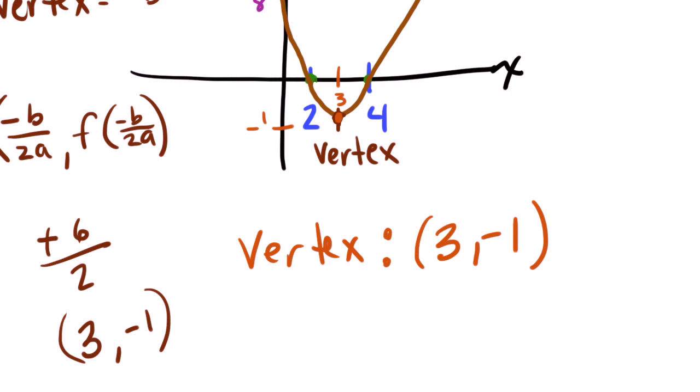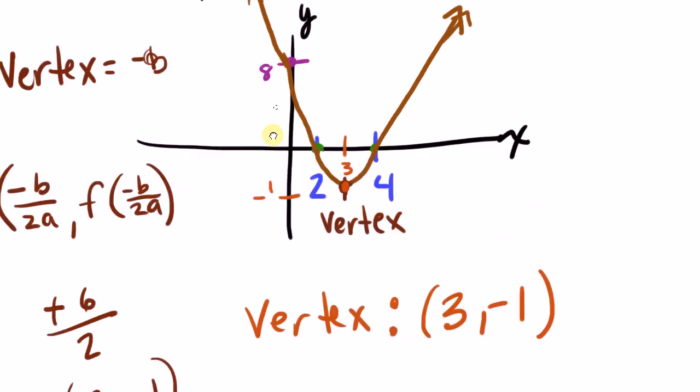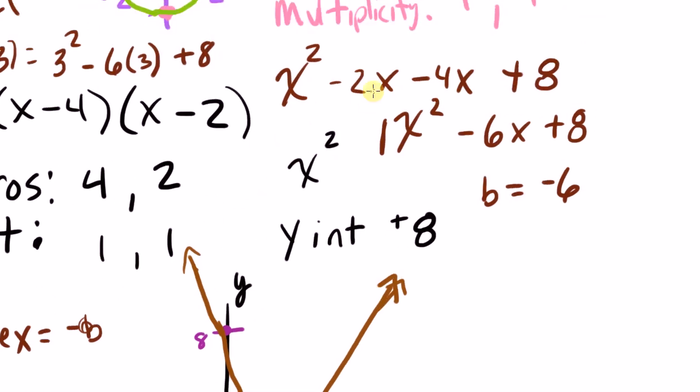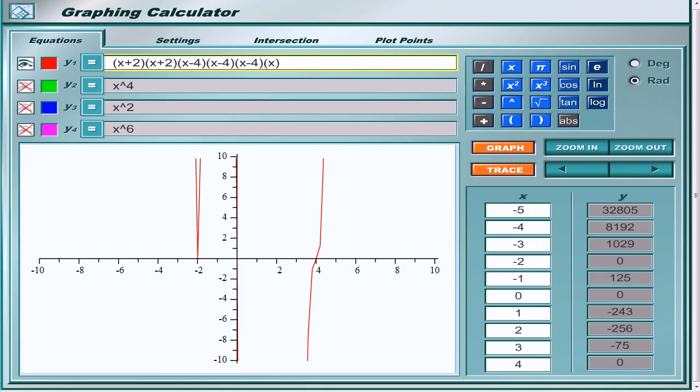So let's go back to the original function. We'll just use this right here. So we have x squared minus 6x plus 8. And we'll click graph. Oh, look at that.